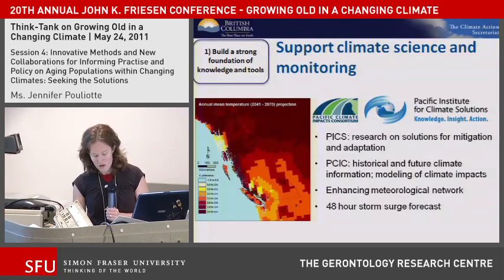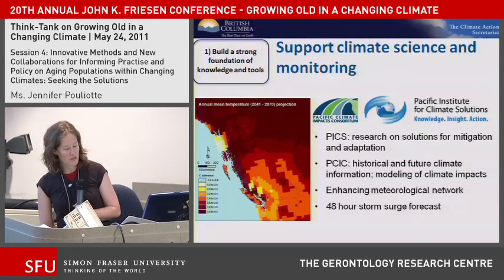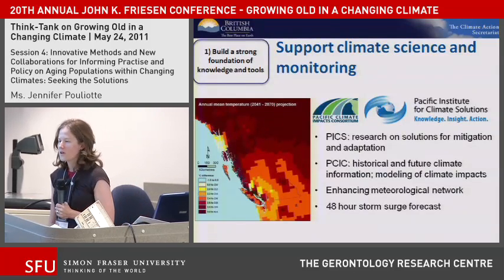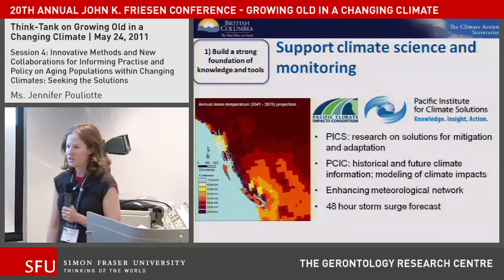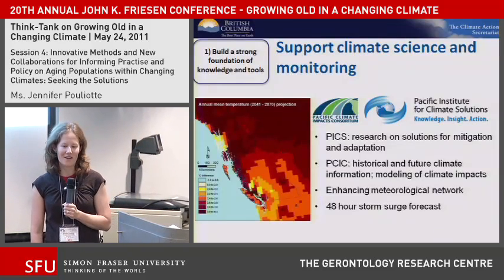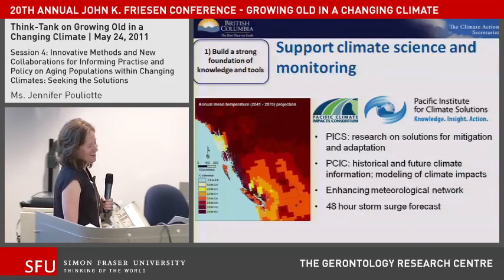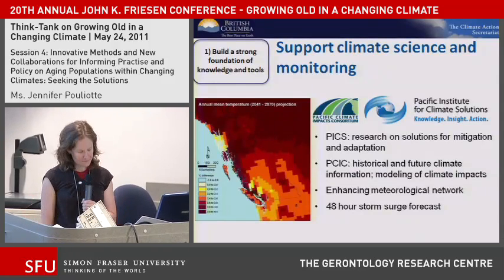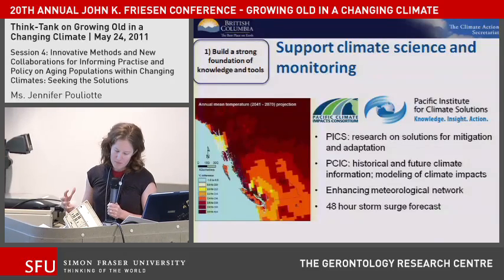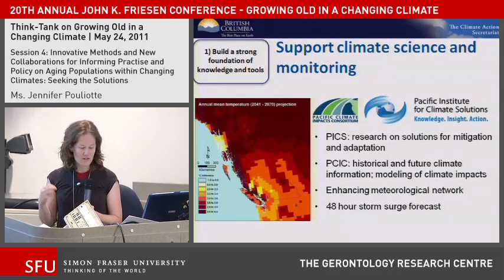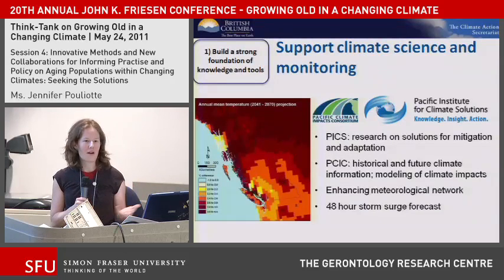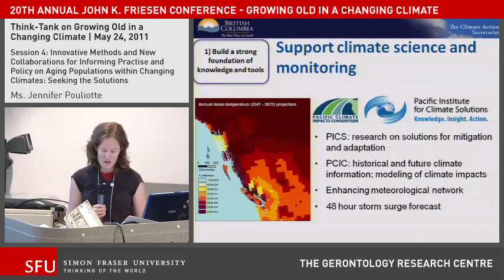And we're also enhancing our meteorological observation networks to improve the provincial ability to monitor and respond to changing weather. So, for example, the ministries of environment, transportation, and what's now the Ministry of Forests, Lands, and Natural Resource Operations have signed an agreement with other partners like BC Hydro and Alcan, in recognition that there's potential for adding value if we collaborate and share our networks through cooperation.